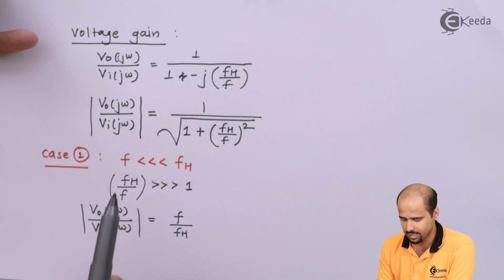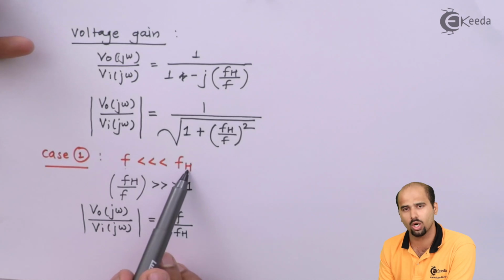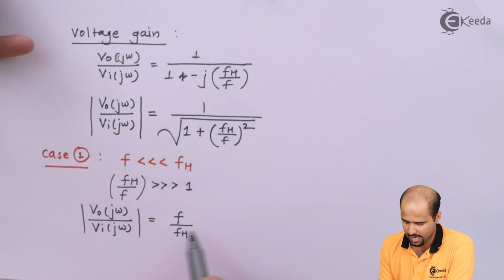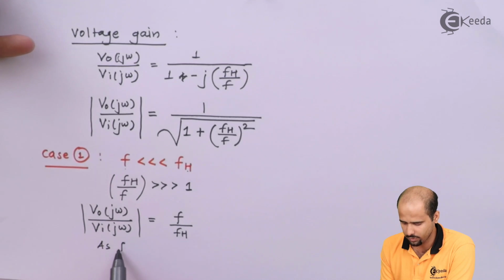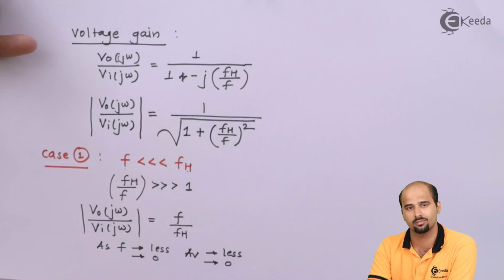And I am saying that f is very less than the value of fH. So as f is less, right, and f is tending towards 0, then your value of voltage gain will be less and tending towards 0, right?